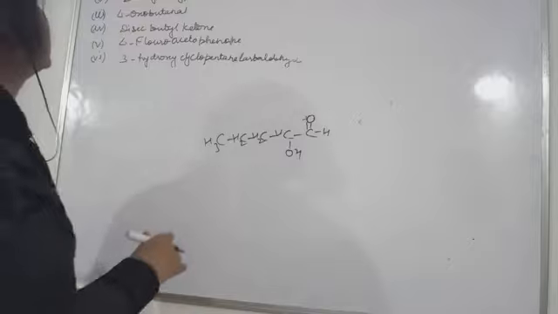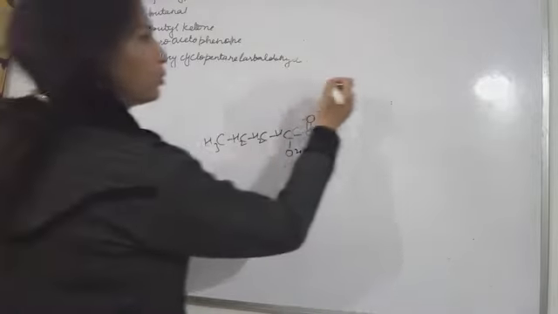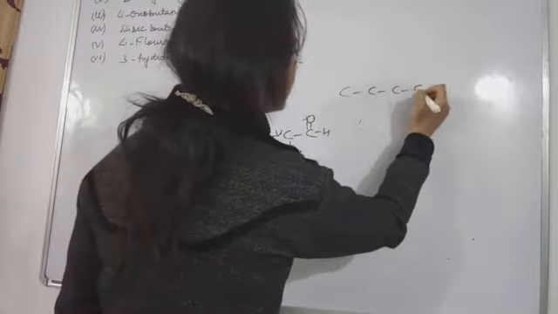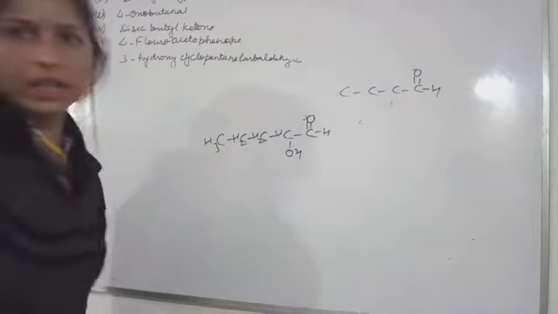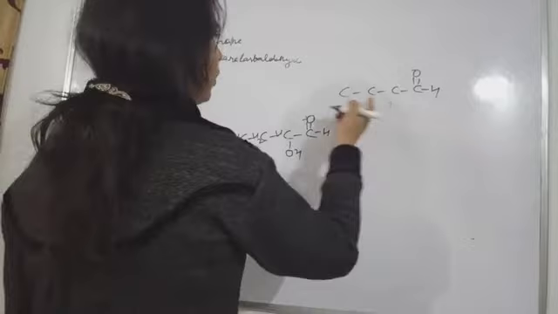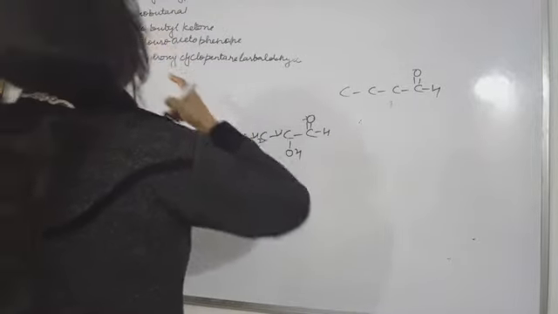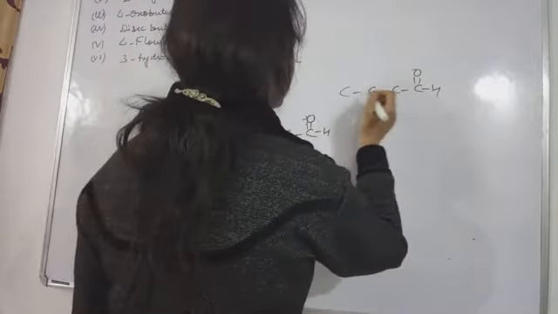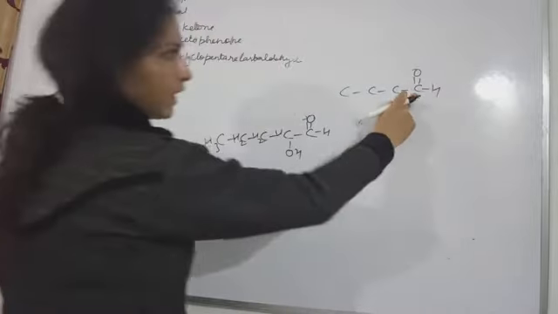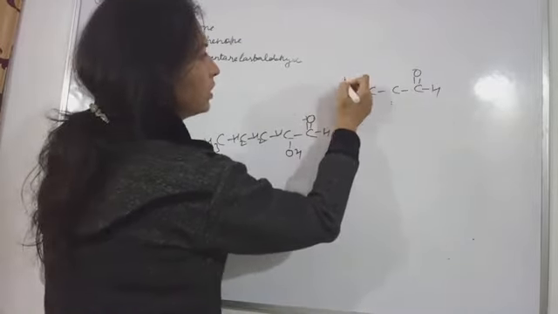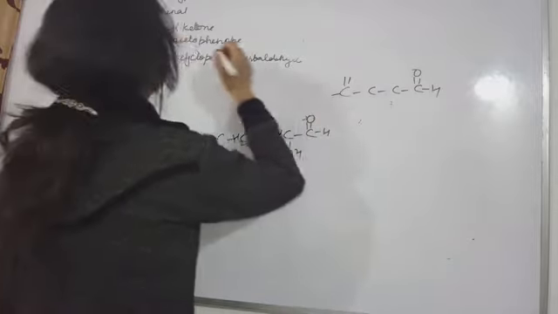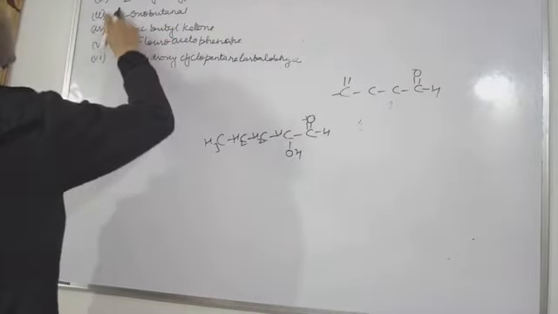Third is 4-oxobutanal. Butanal means carbons 1, 2, 3 and 4. The al ending tells you that the aldehyde group is present here, and also the 4-oxo. Number 1, 2, 3, 4. So this will be 3-oxo.